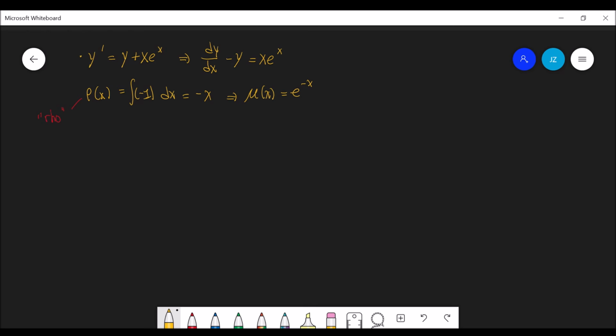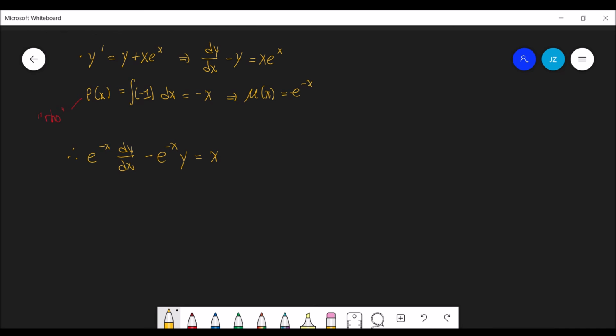Now we multiply both sides of our standard form by this mu of x, and we get e to the negative x dy/dx minus e to the negative x times y is equal to x e to the x times e to the negative x, which is just simply x.